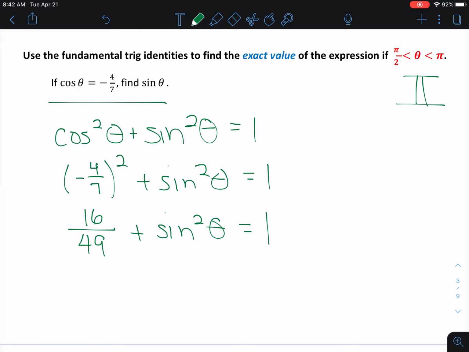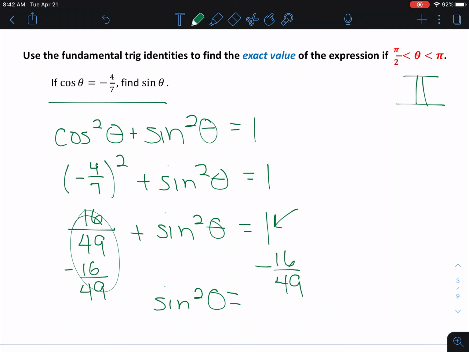equals 1. Now if I'm solving for sine squared theta, the first thing I have to do is subtract 16/49 from both sides. When you do that, this is going to cancel out, and I'm going to have sine squared theta equals... when we subtract or add fractions, we want a common denominator.